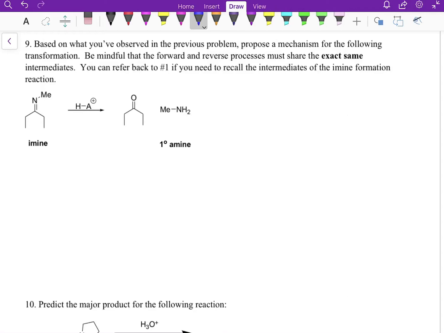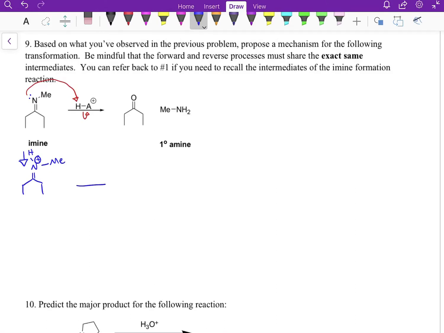So right here, the nitrogen is going to have a lone pair, and it's going to do this, moving the electrons to the base. So now it's going to be positively charged.